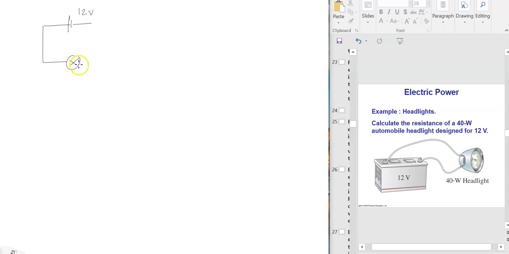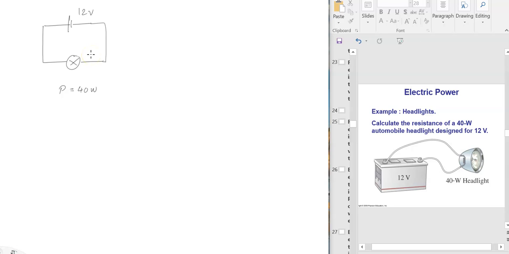Here's the light bulb. It says 40 watts. Alright, question is calculate the resistance. A 40-watt automobile headlight designed for 12 volts.